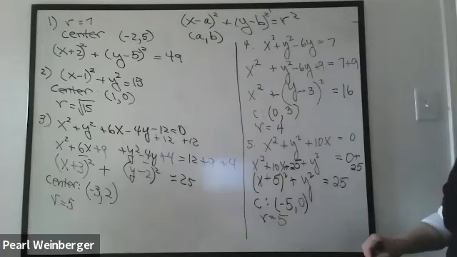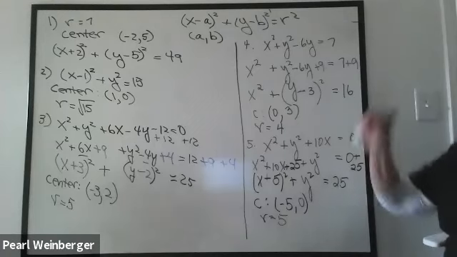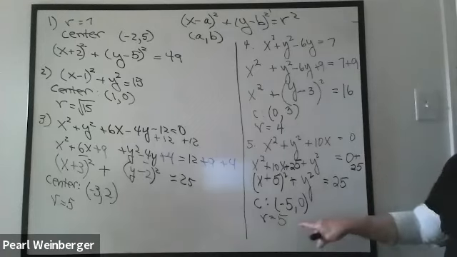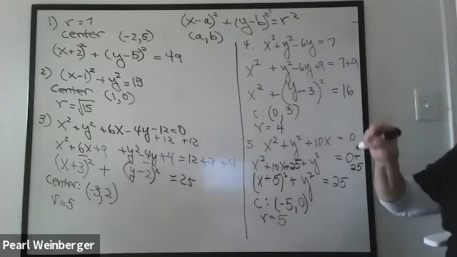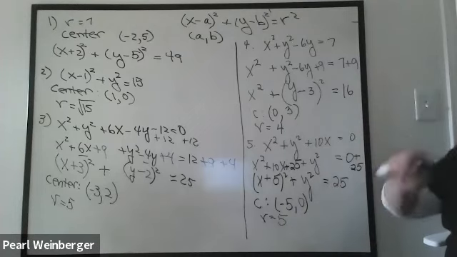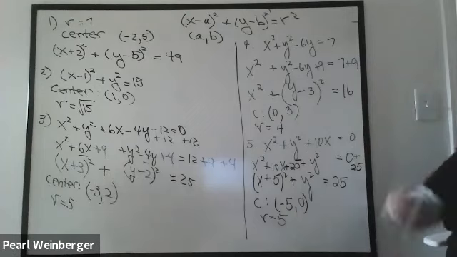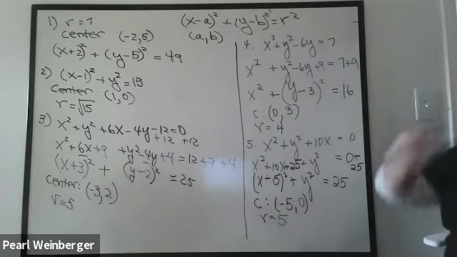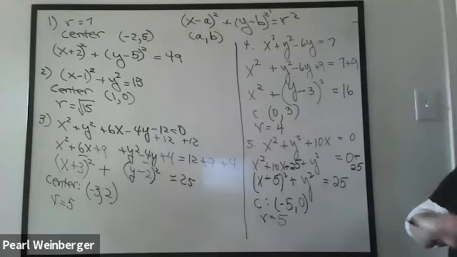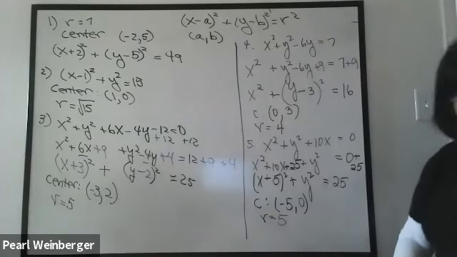Again, if you would want to draw any of these, all you'd have to do is go to a piece of graph paper, locate the center, and then count in up, down, left and right, whatever the radius is, and then just draw your circle. Okay, any questions about the circle?